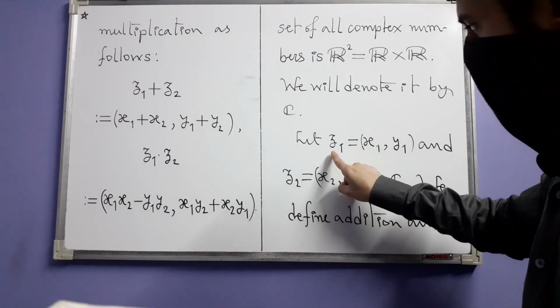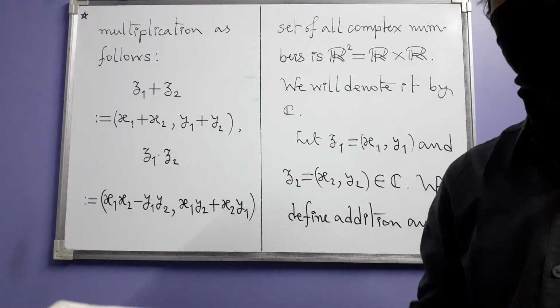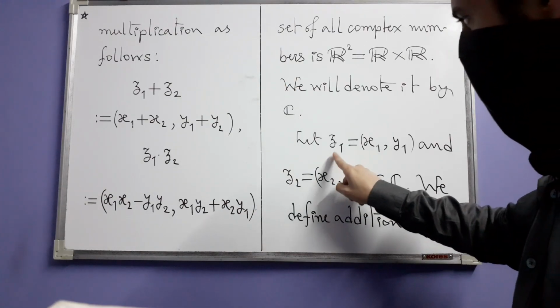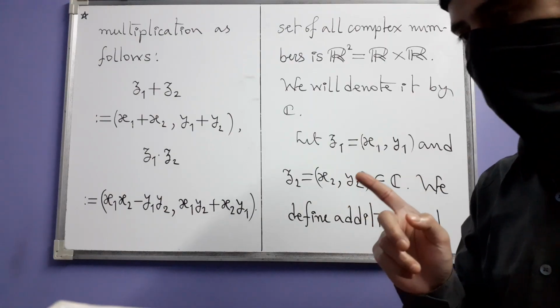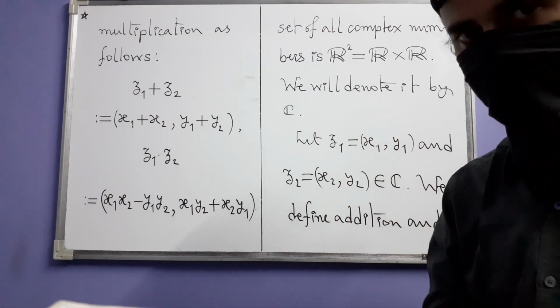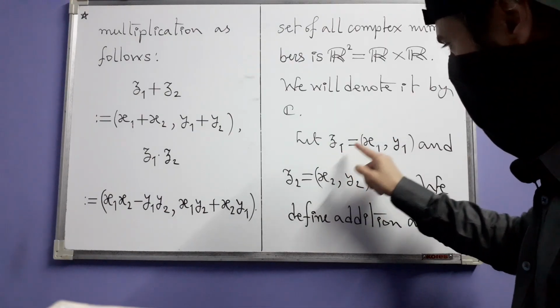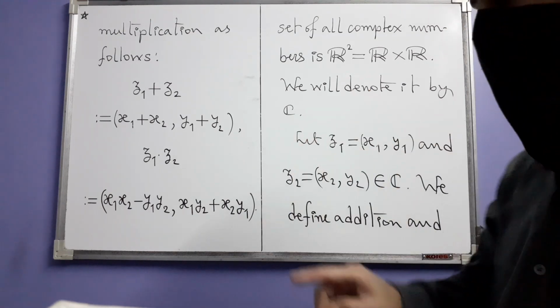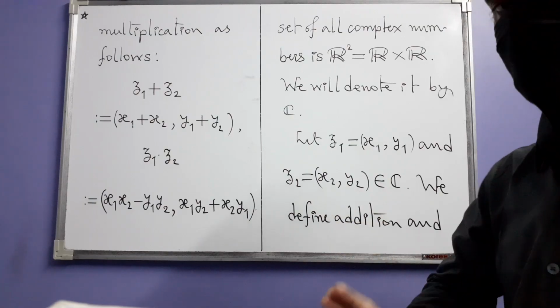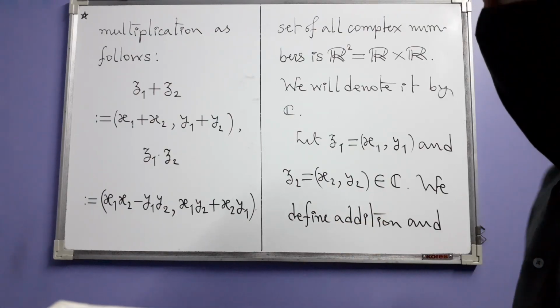So, we are given z1 and z2. And what did I say just now, that when two complex numbers are given, their real parts and imaginary parts are uniquely determined. For this z1, there is only this x1, which is its real part, and y1 is just its imaginary part, nothing else.